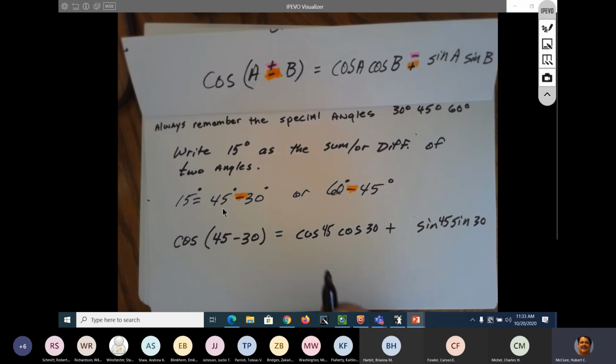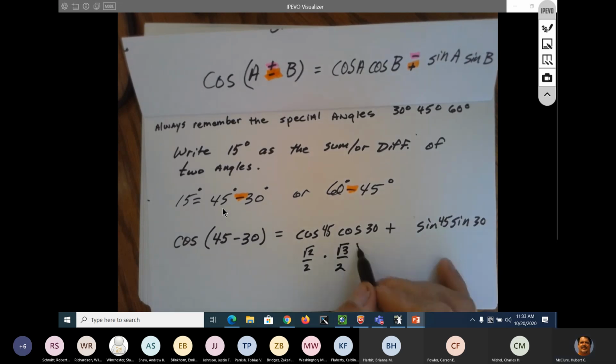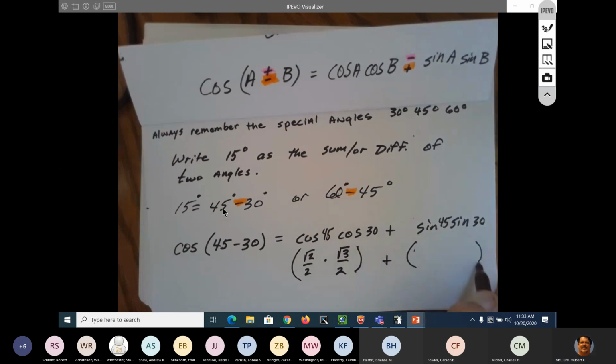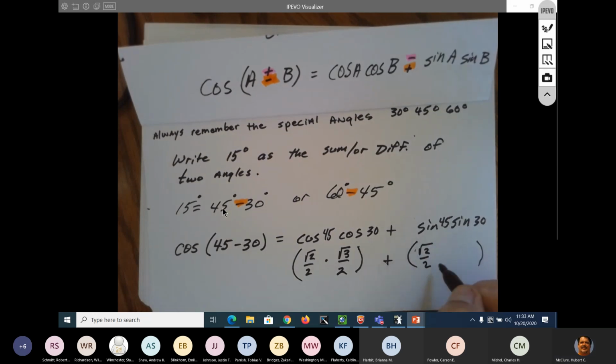The cosine of 45 is square root of 2 over 2. The cosine of 30 is square root of 3 over 2, plus the sine of 45 is square root of 2 over 2. And the sine of 30 is 1/2. Now you just got to simplify.